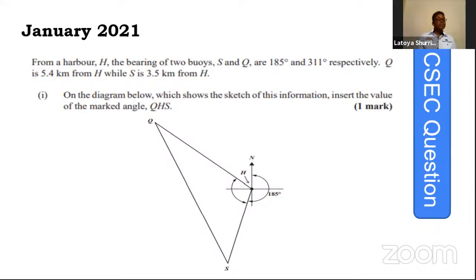If you start with 185, you certainly can't end with a positive value if you're subtracting 311. Ashanti is saying 136 degrees and Nico is saying 126 degrees.